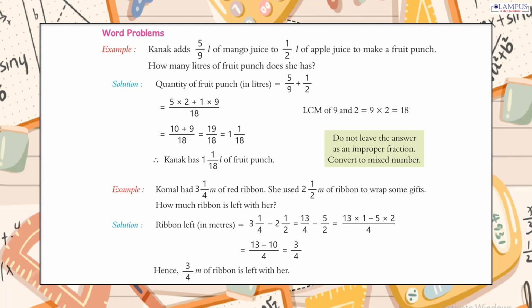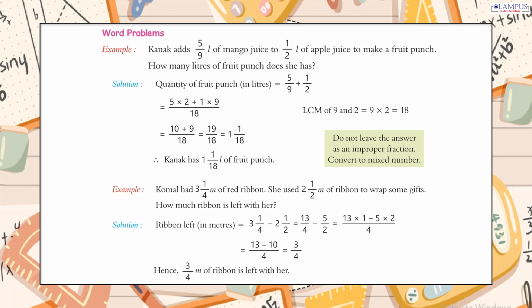Do not leave the answer as an improper fraction. Convert to a mixed number. Example. Komal had 3 and 1/4 meters of red ribbon. She used 2 and 1/2 meters of ribbon to wrap some gifts. How much ribbon is left with her? Solution.